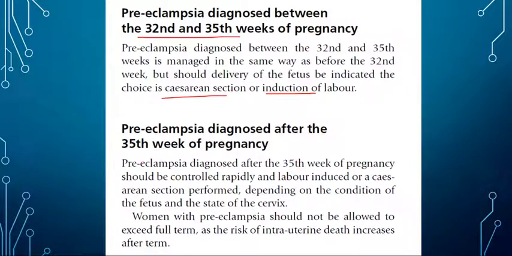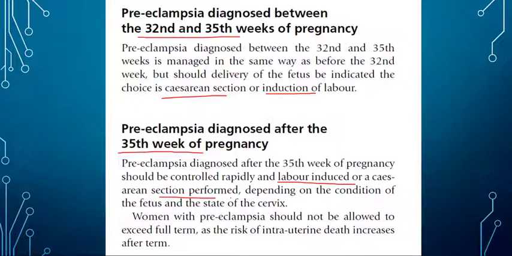Now, if it is after the 35th week of pregnancy, you diagnose a patient with preeclampsia, then usually you can go for induction of labor or cesarean section, depending on the cervix condition and fetal condition. So after the 35th week of pregnancy, you don't need to prolong the pregnancy at all. Either you go for cesarean section or you go for induction of labor.